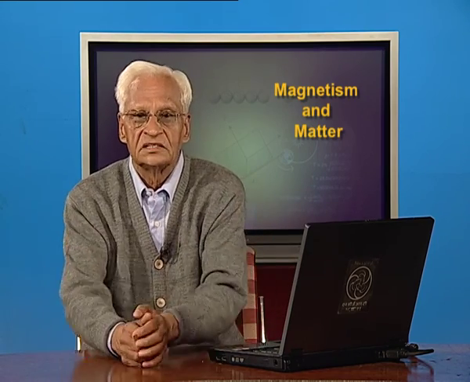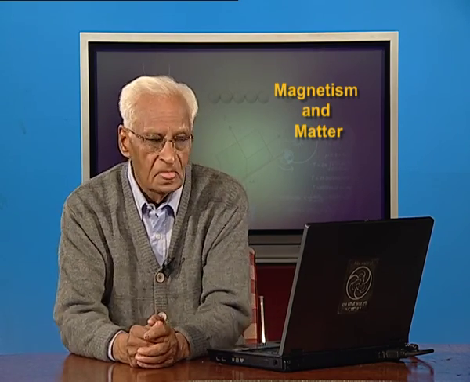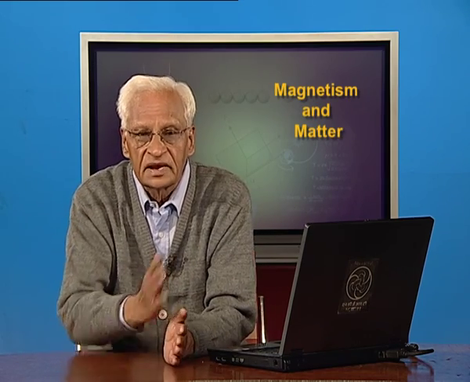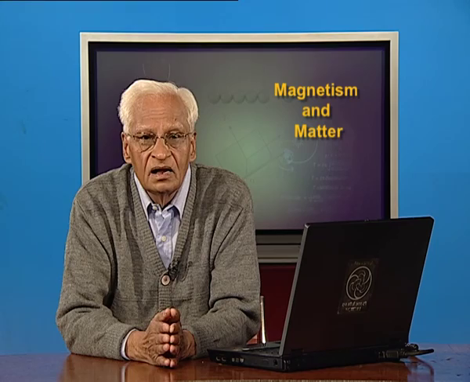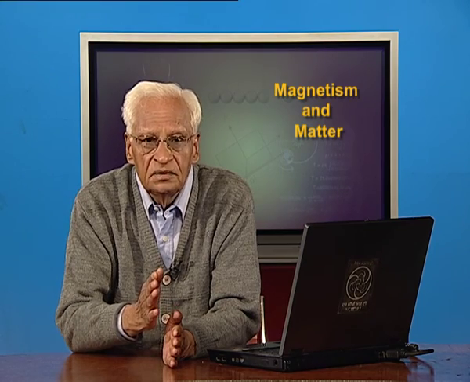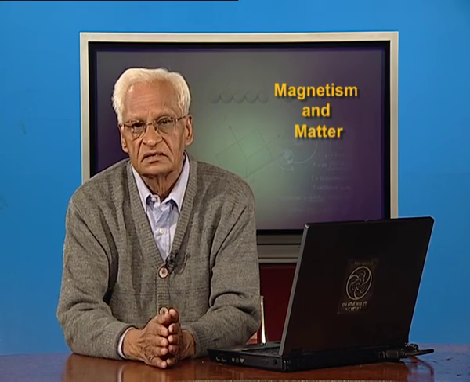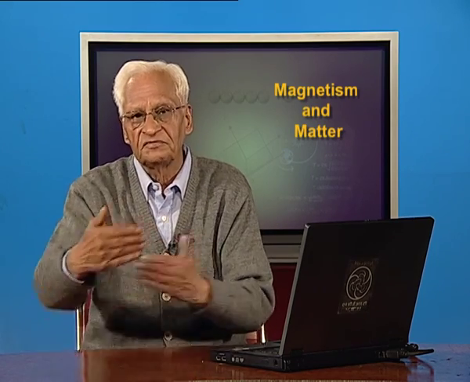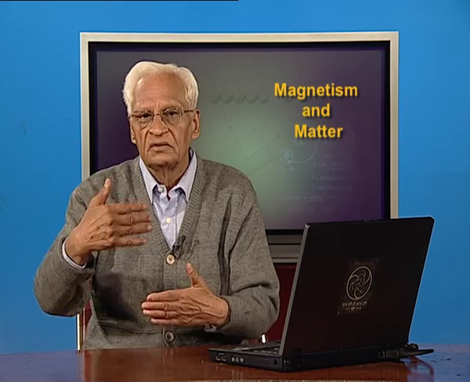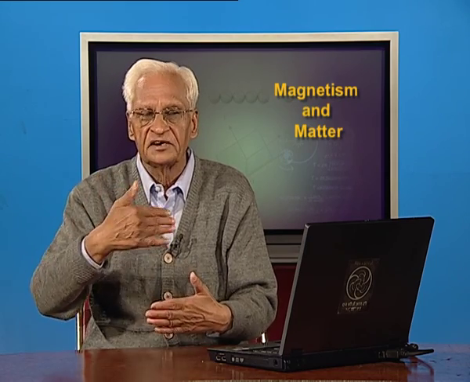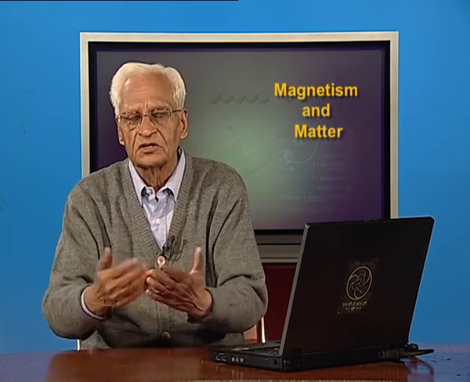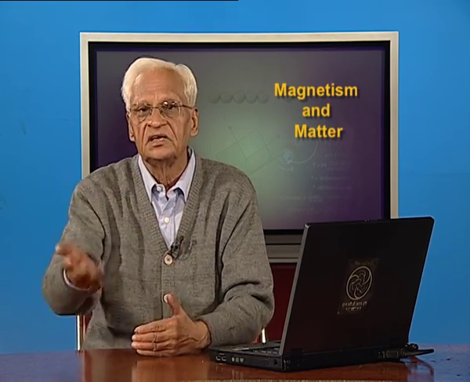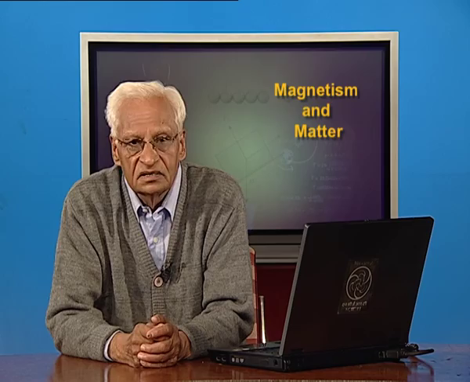In the next lecture we continue with magnetism, and we shall study the magnetic properties of materials, and we shall classify them into ferromagnetic, paramagnetic and diamagnetic materials, and we shall also see some interesting phenomena which are connected with the properties of these materials.